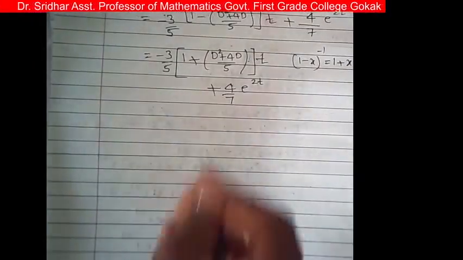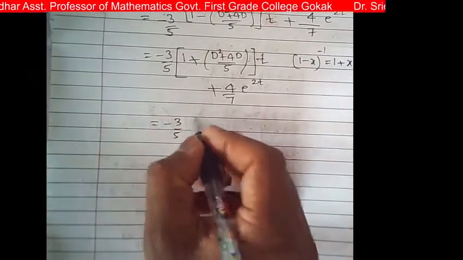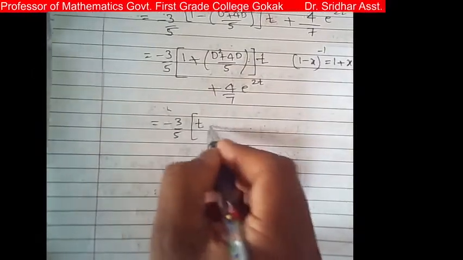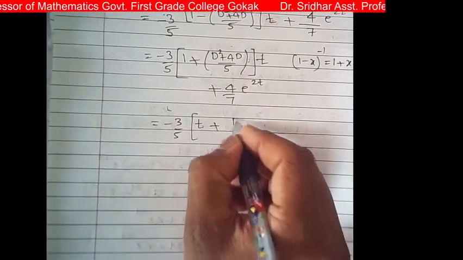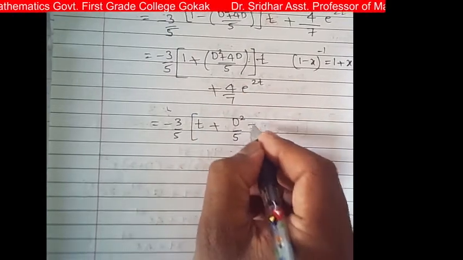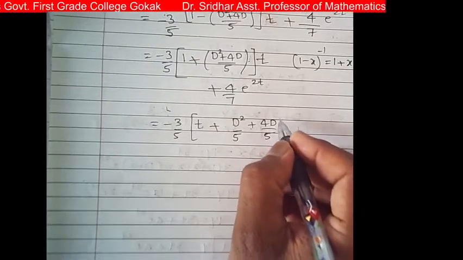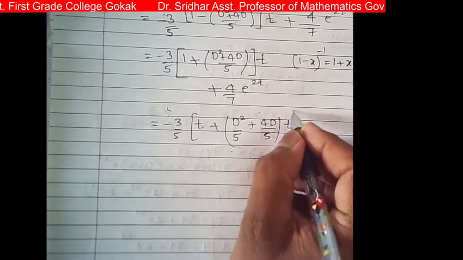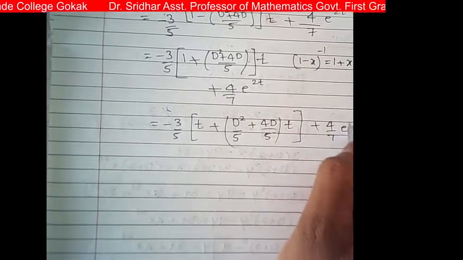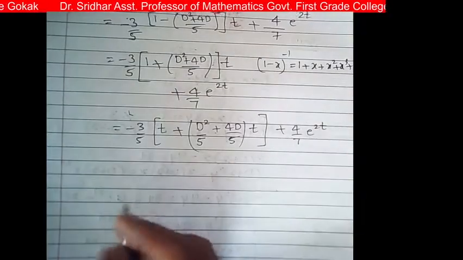After this we will get minus 3 by 5, then operate on this, so 1 into t, then D square by 5 plus 4D by 5, which is to be operated on t, plus 4 by 7 e raised to 2t.